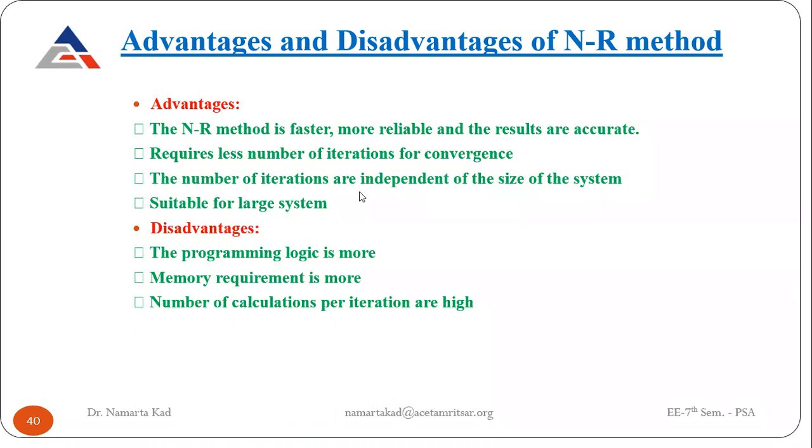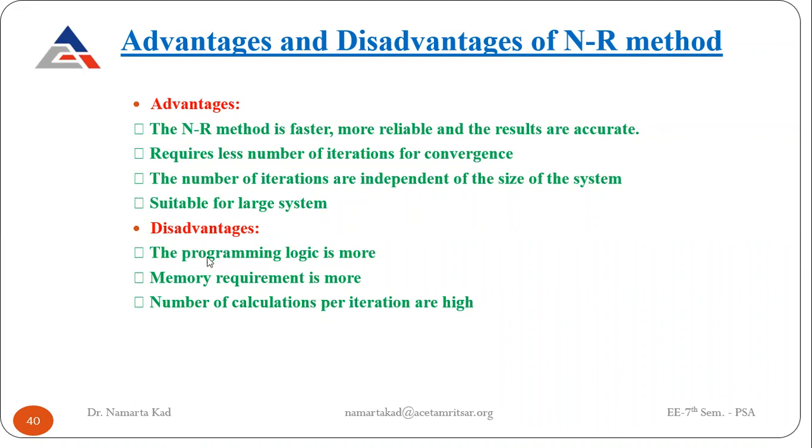The number of iterations is independent of the size of the system. It is applicable for both small scale and large scale systems. Suitable for the large system. So for any type of system, we can apply the Newton-Raphson method.